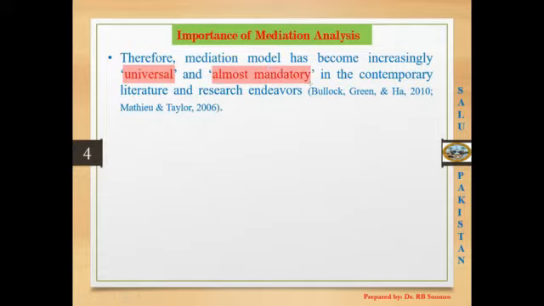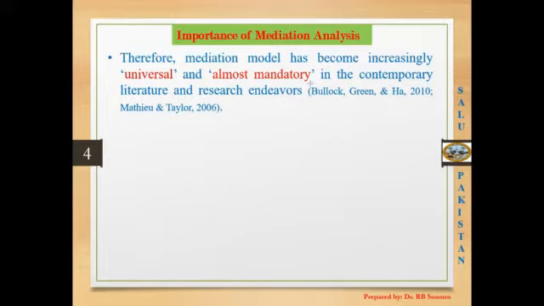It has become almost mandatory in almost every research, especially in the social sciences, and especially when you are working with latent variables. Even the people who are working with observed variables are also putting the sum of the observed variables as a mediator. So now it's not only that an unobserved or latent variable can be a mediator; your observed variable can also be a mediator.